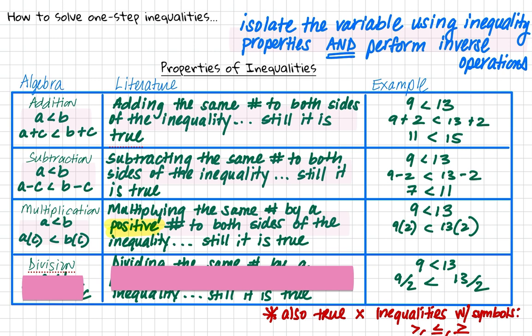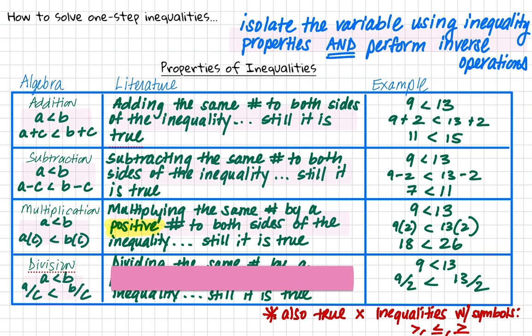But visually, if you multiply both sides of an original inequality by the same multiplicand, it's still going to be true. An example is if we multiply 9 times 2 and then 13 times 2 on the other side, 9 times 2 is 18, and 13 times 2 is 26. It's still true: like the original 9 was less than 13, 18 is still less than 26.